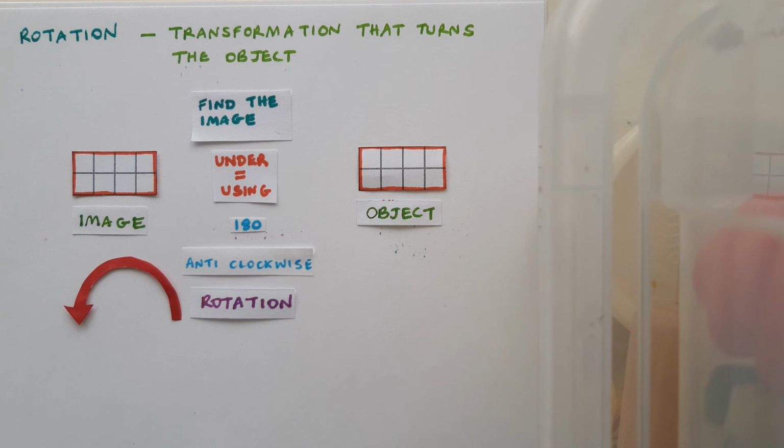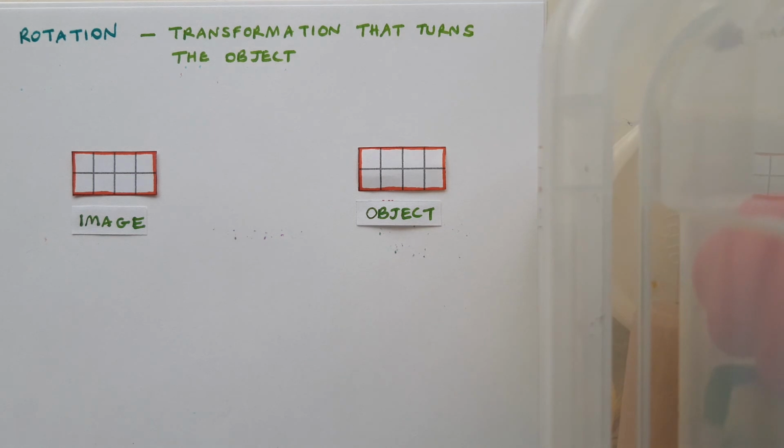I wonder, is there any other transformation that would get me from an object like this to an image like this? So think back through the different types that we've had: translation, axial symmetry, central symmetry, and now rotation. And let's just think, how could I get from this object to this image?